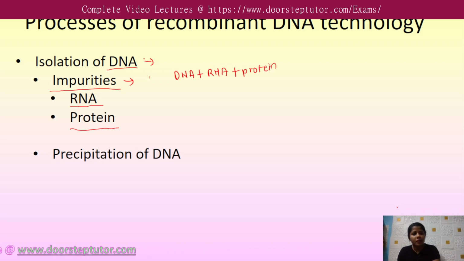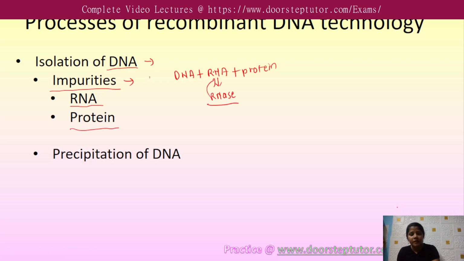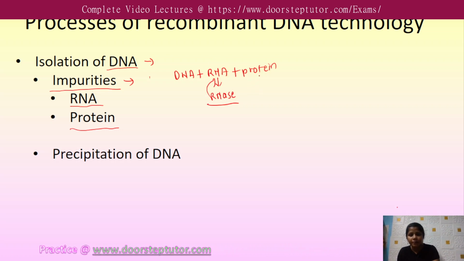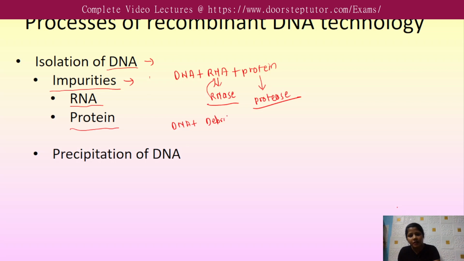So we use certain enzymes to break down this RNA, known as RNase. RNase will degrade the RNA. In case of proteins, they are degraded by the enzyme proteases. So now DNA and certain debris are there, right?